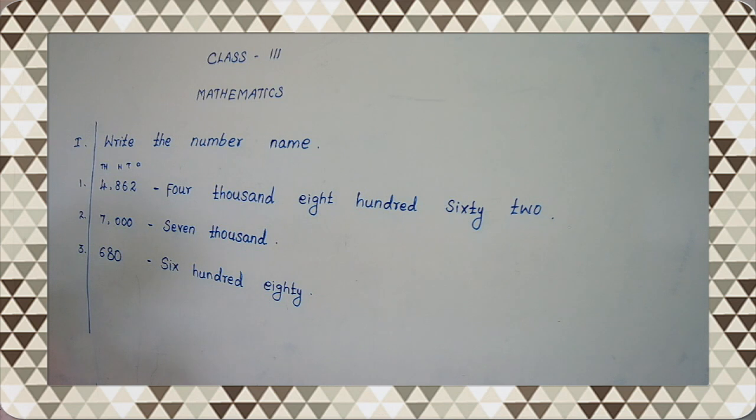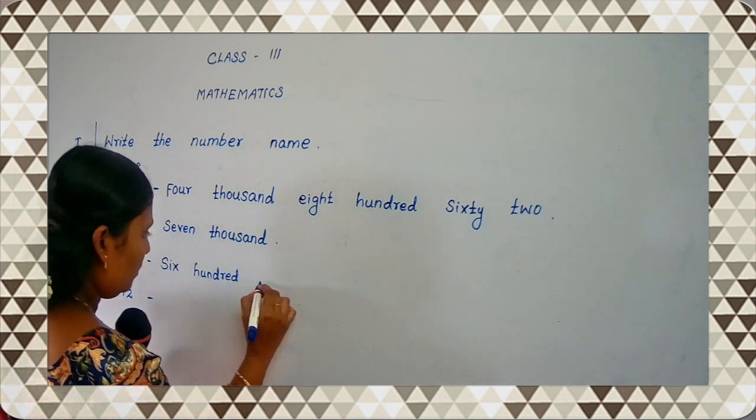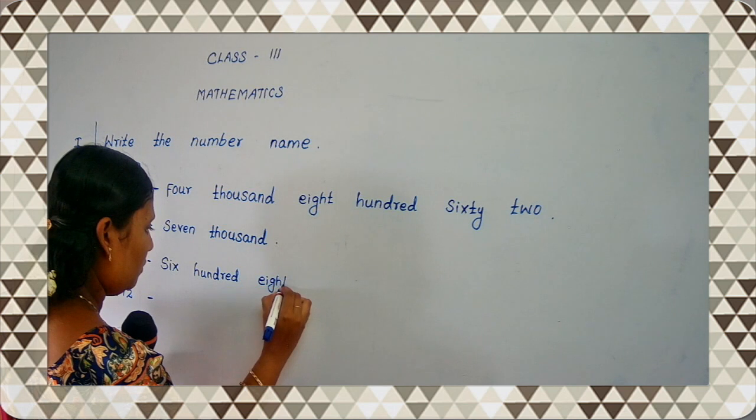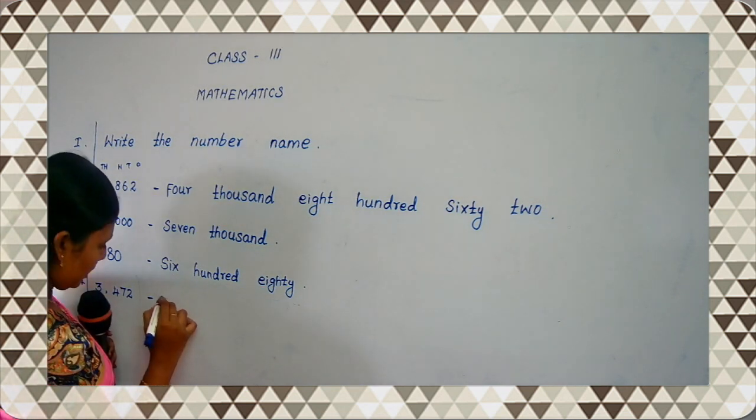Next one, what is this number? The fourth one, what is this number? 3472. Yes, 3472. Say the spelling for 3000.